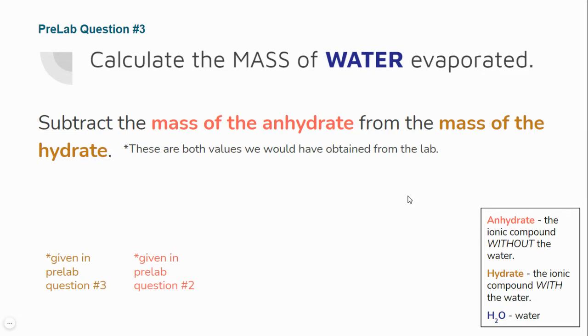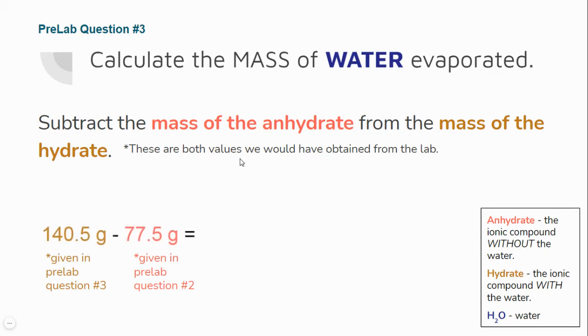Then we're going to calculate the mass of water that has evaporated. This is pretty simple. We know that all hydrates are made up of an ionic compound with waters attached to it. We started the lab with a hydrate, then we boiled off the waters. So what are we left with? An anhydrate. There is no water left. So if we subtract the mass of the anhydrate, what we end the lab with, from the mass of the hydrate, what we started the lab with, we end up with the mass of water, what left the system and floated into the air as water vapor.